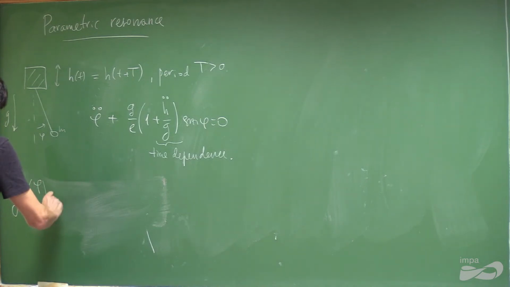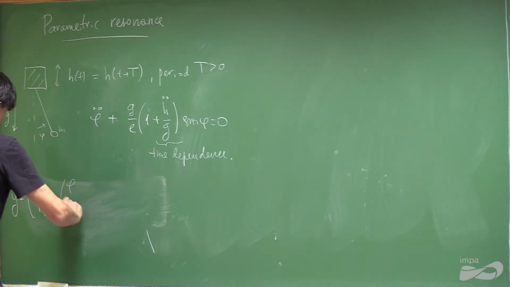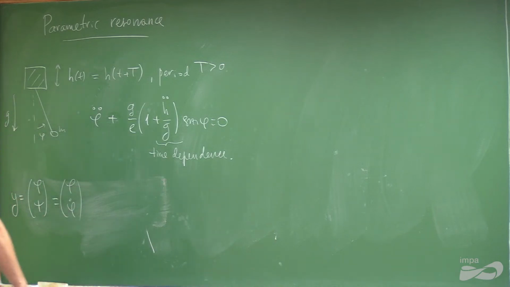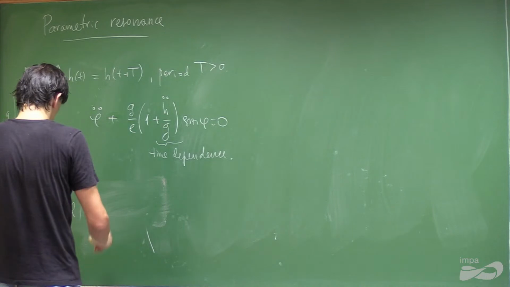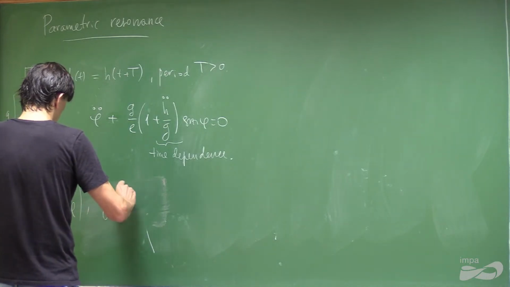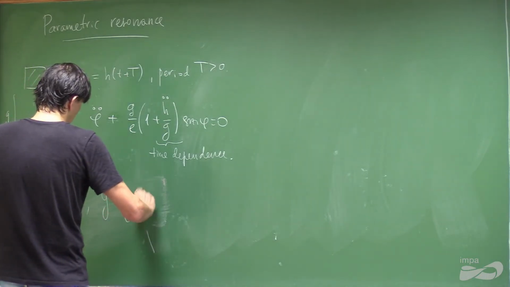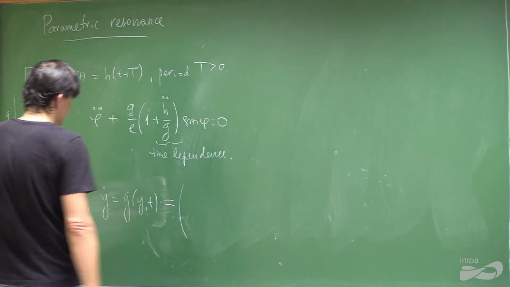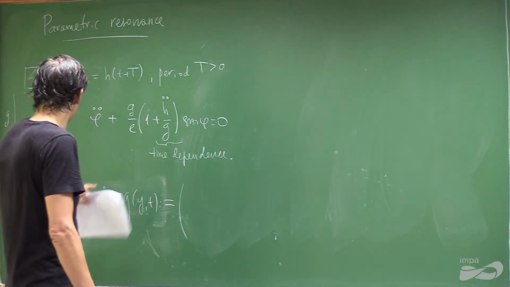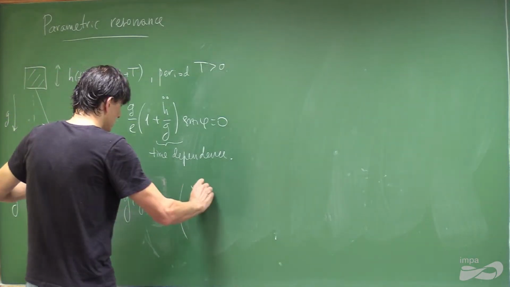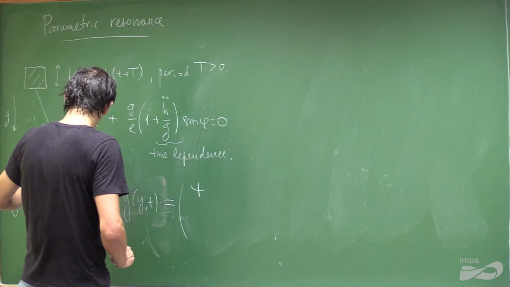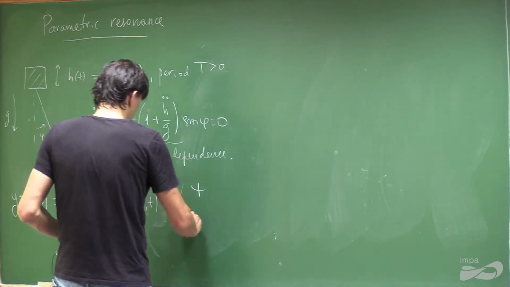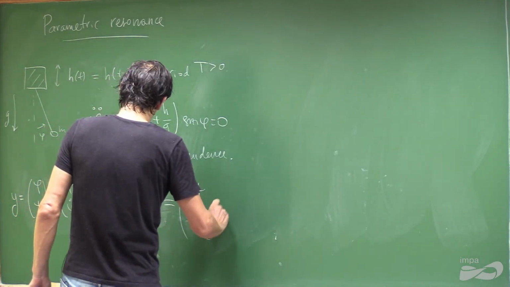There are two components in y, where the first component is the angle and the other is the velocity psi. Then y dot is g(y, t), where the first component is phi dot equals psi, and the second comes from the equation of motion, so minus g over L and so on.